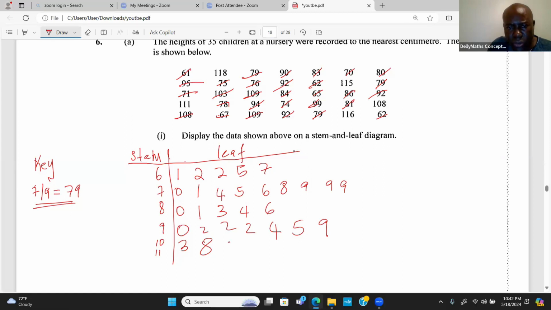So we have two 109s. Almost done. And 108, how many? There are two 108s. We just have to make sure we're not making any error.